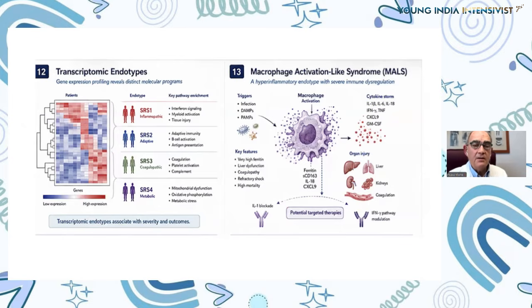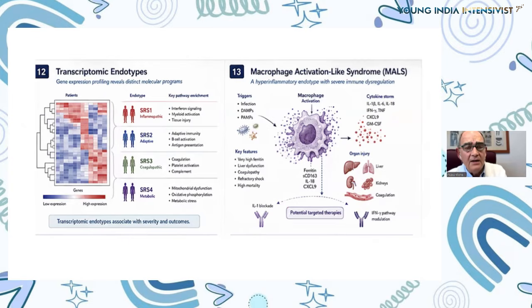Just to render things even more complicated, there are the endotypes that are the fruit of the gene expression profiling that specifically looks at the low and high expression of the molecular programs.